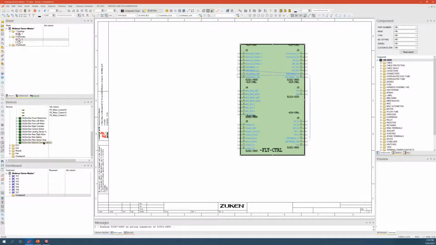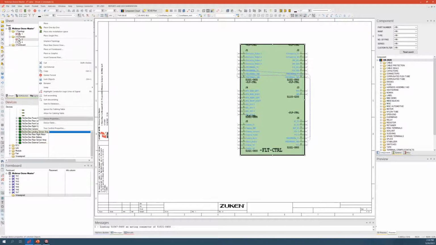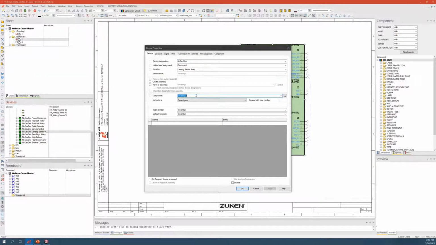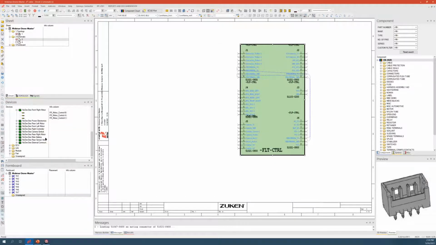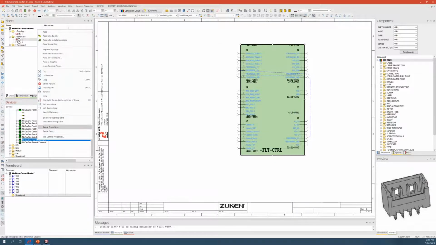The other one might be, let's say, take a landing sensor and take that connector, and I will give that, maybe that's an 8-pin connector for me, and let's give it J12. And let's take the rear sensor as well.